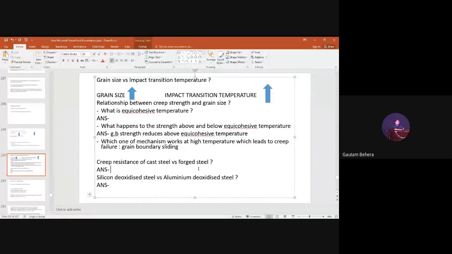Okay, Alok Kumar Jai Singh, can you answer what hot forging means? Alok Kumar Jai Singh. Alok Kumar.